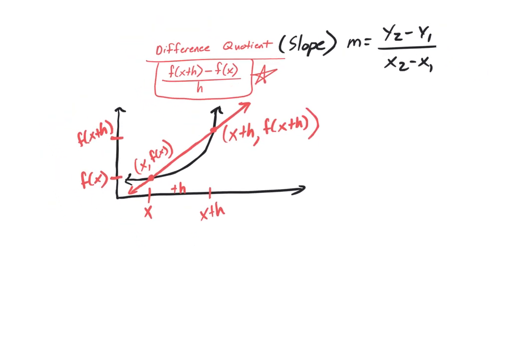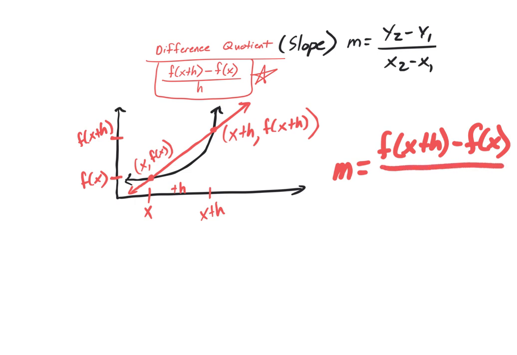Okay, so here's where it comes from. We're going to do our slope formula with these two ordered pairs, just like we would typically do with slope, right? y2 minus y1. So we're going to do f of x plus h minus f of x. And then on bottom, x2 minus x1.